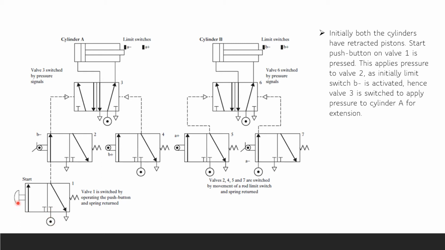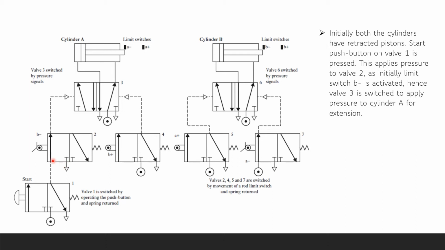Now when the push button is pressed, the fluid flow occurs and it pressurizes the second valve. The high pressure fluid from the first valve pressurizes the second valve. As a result, the fluid flow occurs from the second valve to the third valve, as shown in this diagram in the second position.